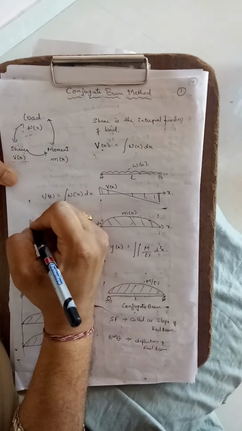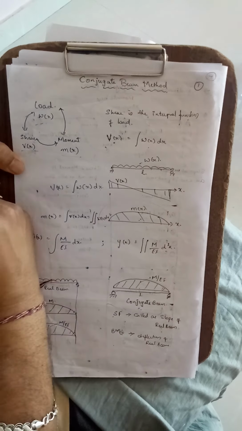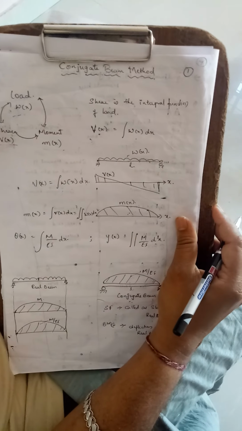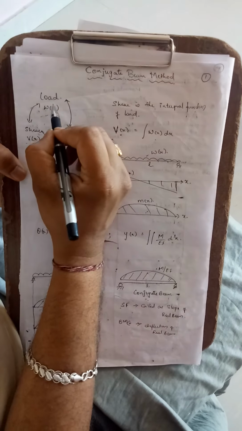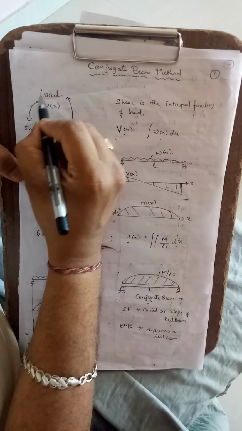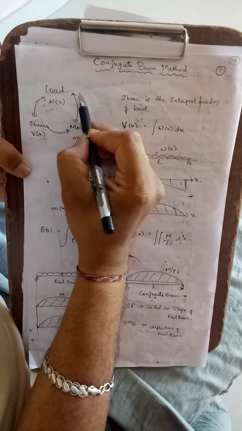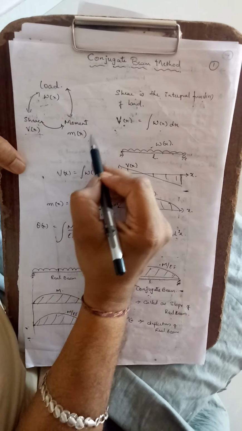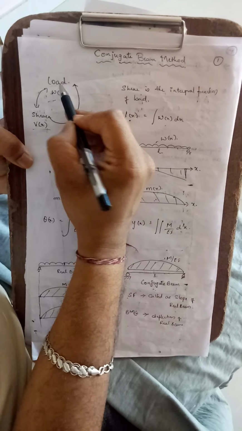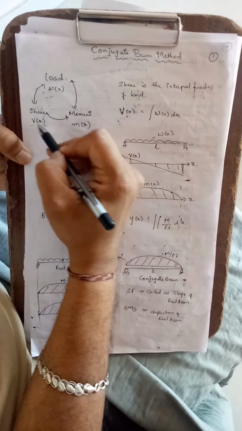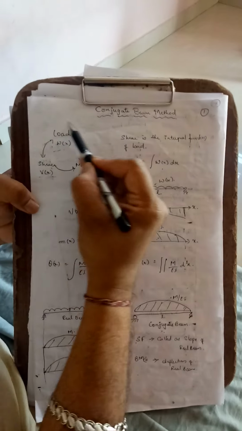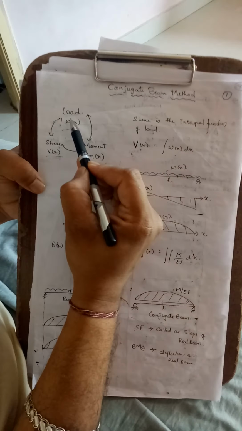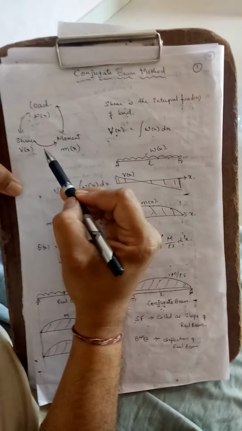Before that, in this method we are going to understand a single concept: the load acting on the beam is related to the moment acting on the beam, and the shear is due to the load and the moment. So this is the important relationship which interrelates load, moment and shear.